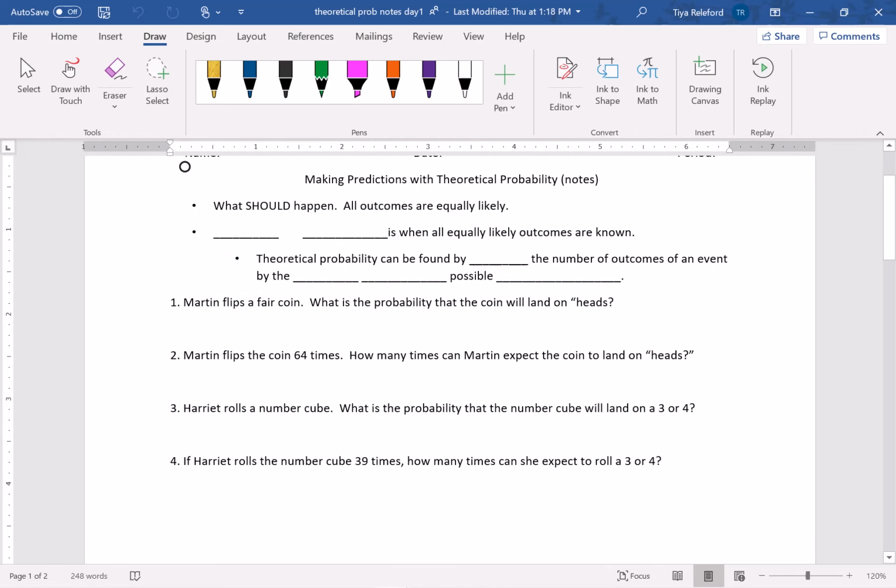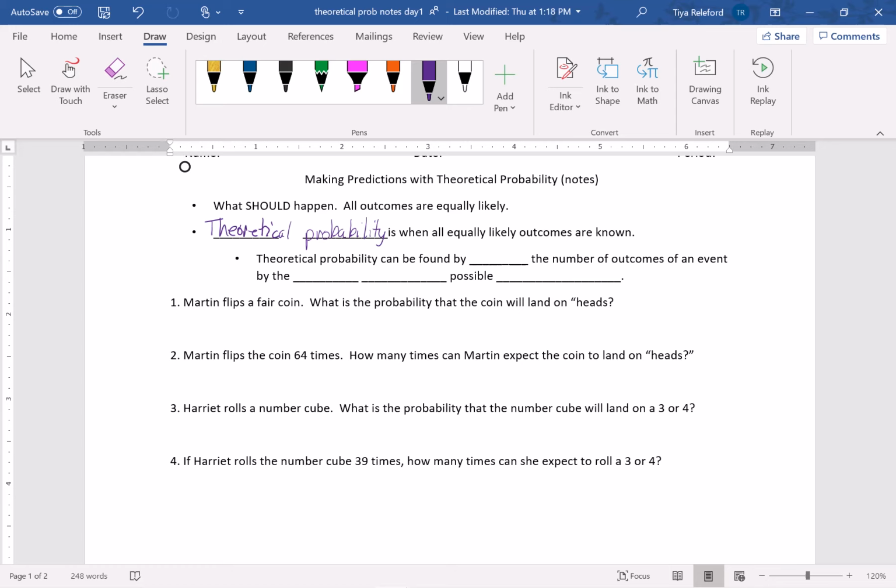Okay, we have been doing theoretical probability. That's what should happen, right? So, theoretical probability is when all equally likely outcomes are known.